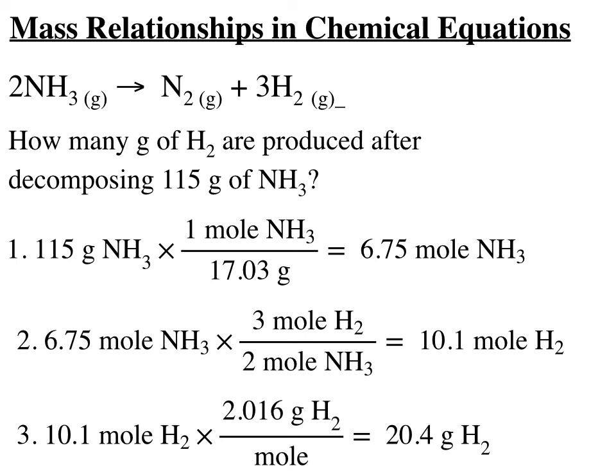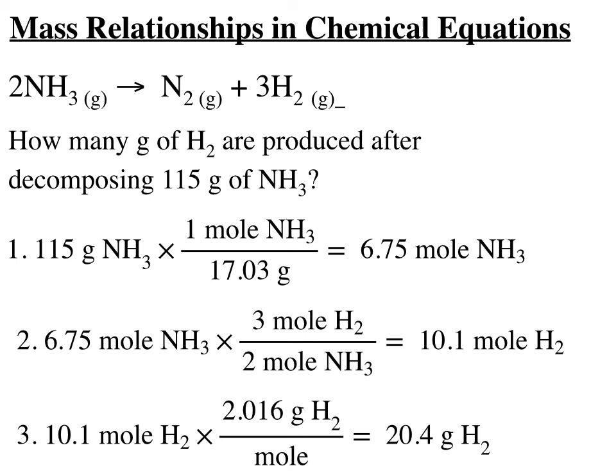Now there's another thing that must be true as well, and that's that 94.6 grams of N2 must have been formed simultaneous to the 20.4 grams of H2 being formed. How do I know that?